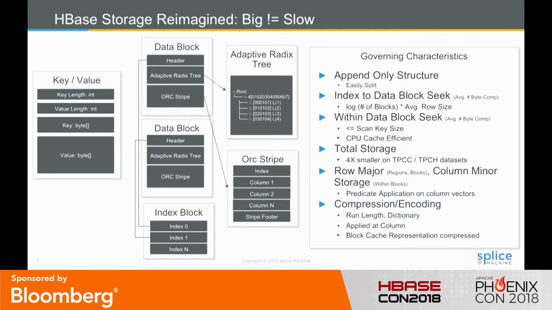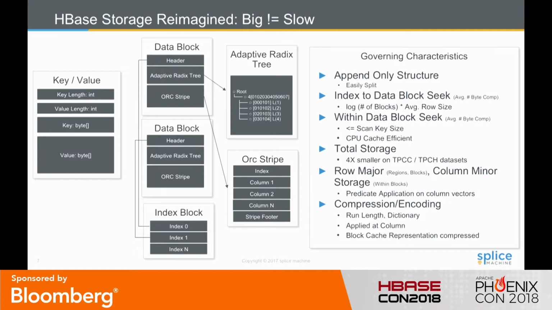And when we run this, what makes me take a step back is the data is actually 4x smaller on TPC-C and TPC-H data sets. Now, whatever data you have, divided by 4. All your compactions, divide them by 4.